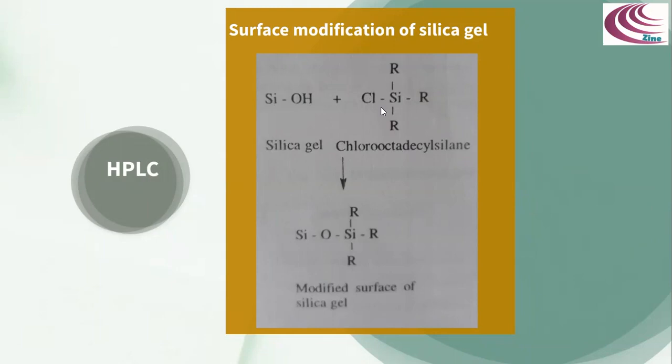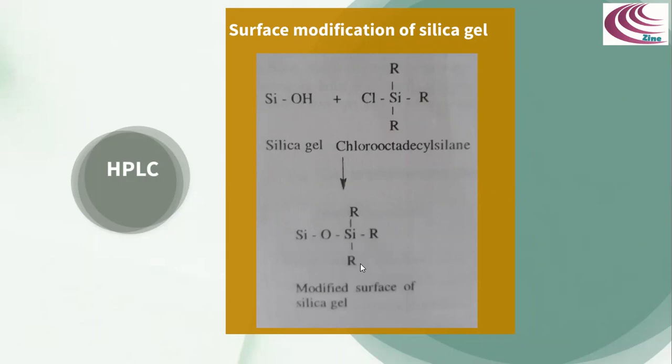The chemical reaction between these two that you are observing here forms the modified surface of silica gel, that is, silica gets bonded with an octadecylsilane surface. In the modified surface, R represents the octadecyl group. What is the octadecyl group? That is a C18H37 alkyl chain.